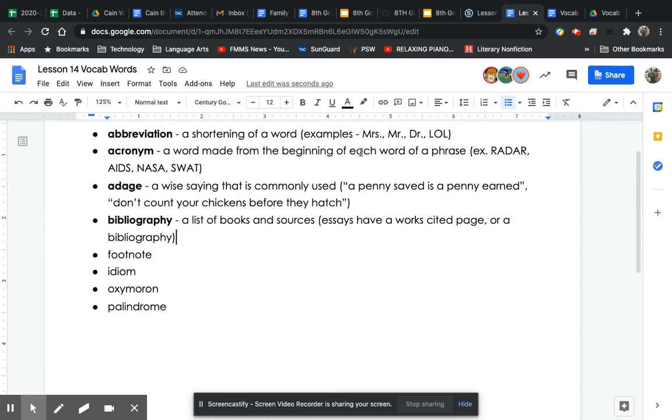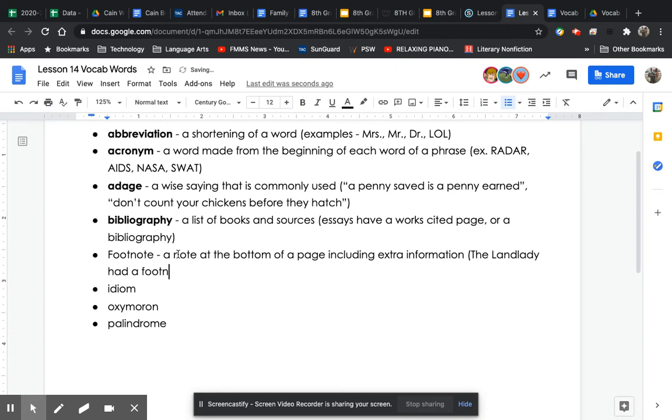So if we look at the footnote, a lot of times it gives us clues for what we're reading, okay? So a footnote is a note at the bottom of a page, including extra information. The landlady had a footnote about the poison he consumed.